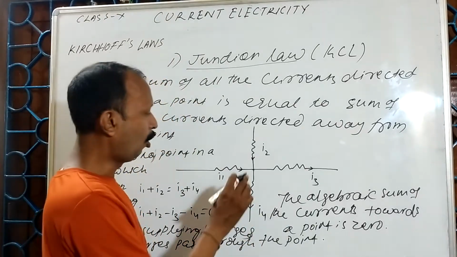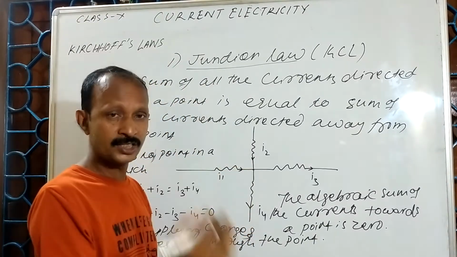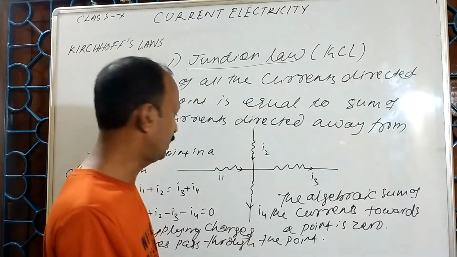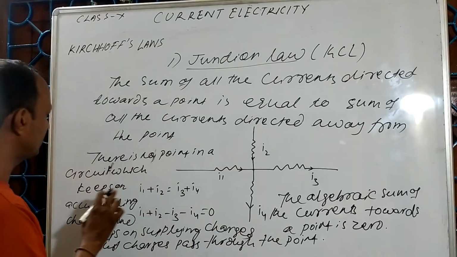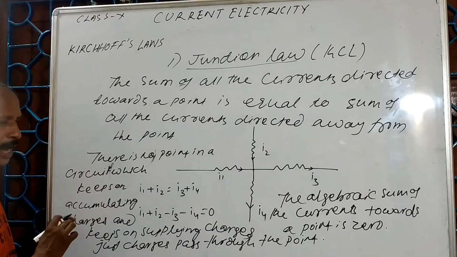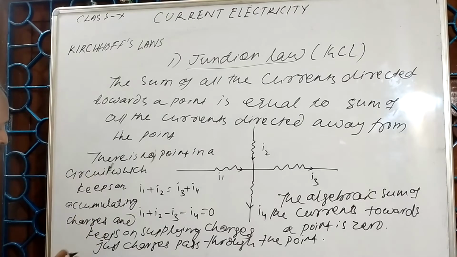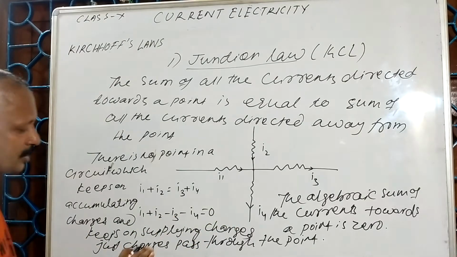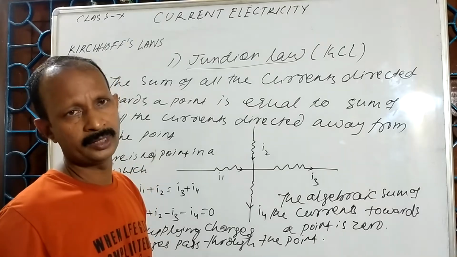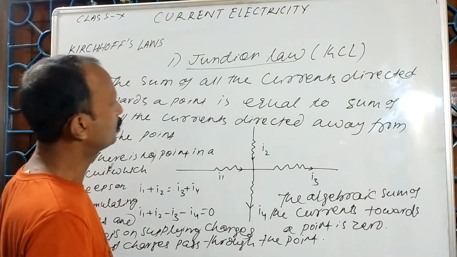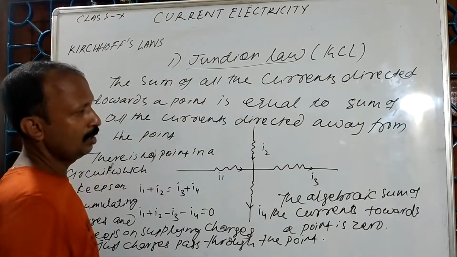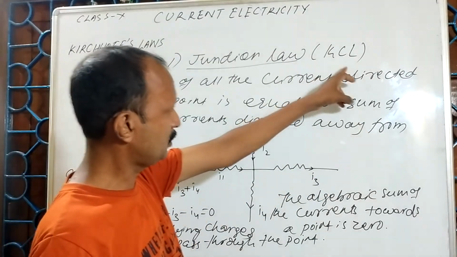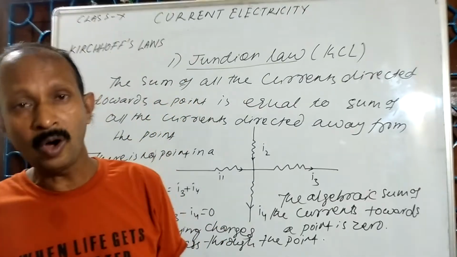That means how much charge is entering here, at the same time the same charge is also leaving. So this is all about the junction law, which is Kirchhoff's first law. We also say it Kirchhoff's current law.